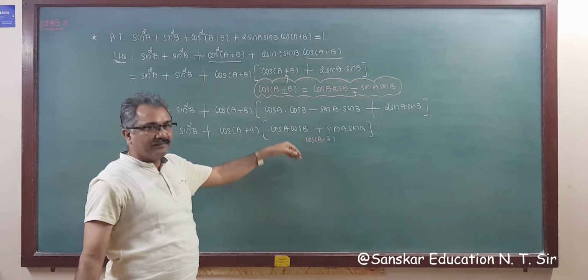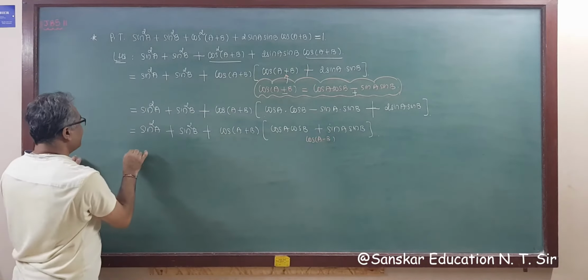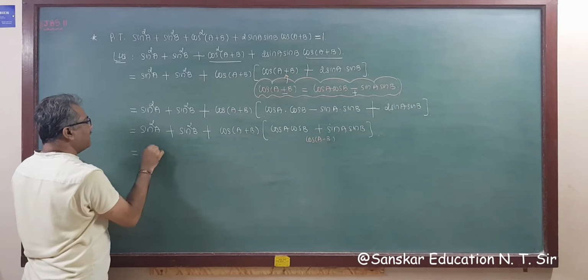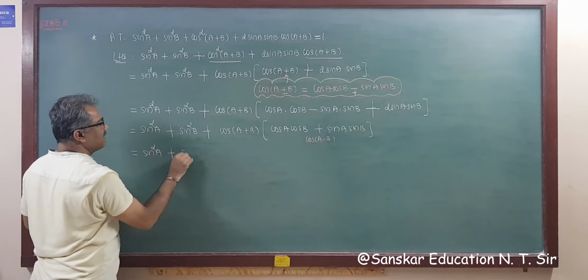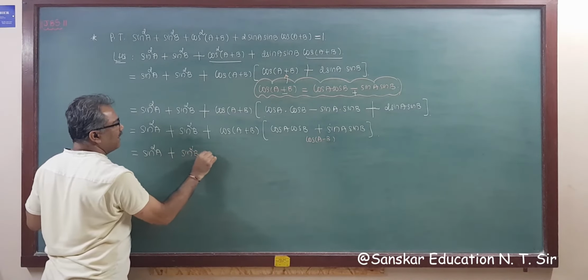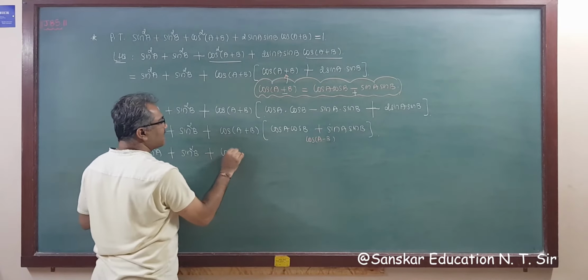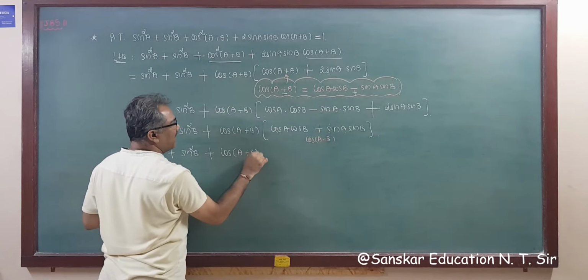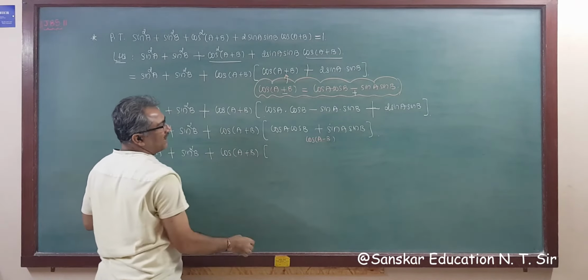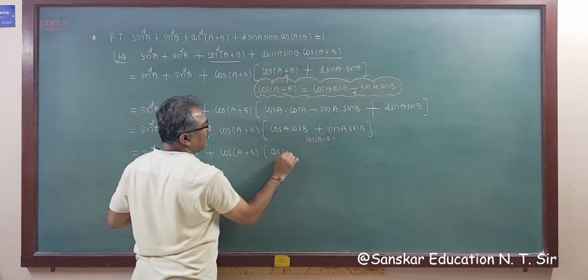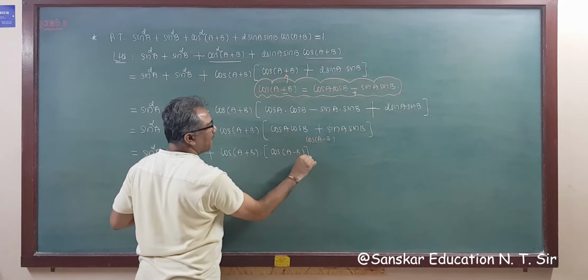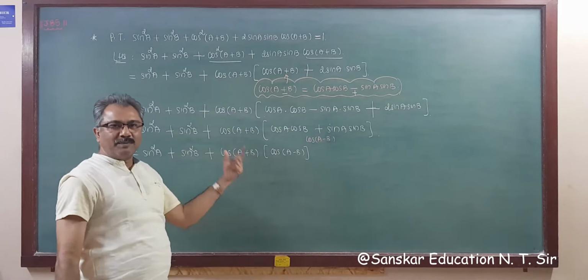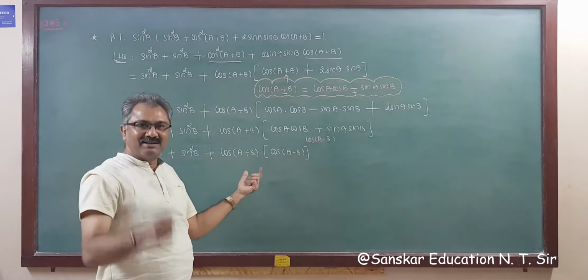ये आपको पता है, right? So this will be sin square a plus sin square b plus cos(a plus b), and in this bracket this is cos(a minus b). Now recall all your formulas from your hard disk, right?